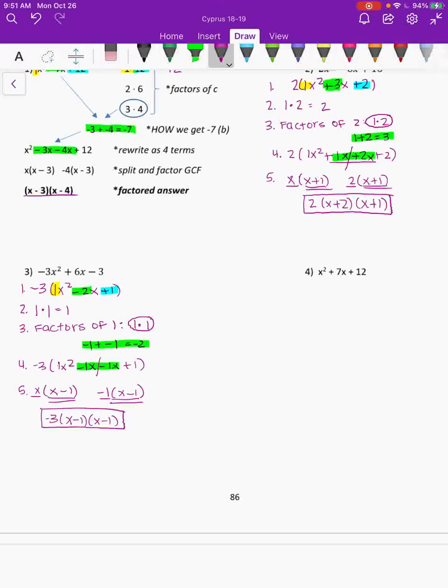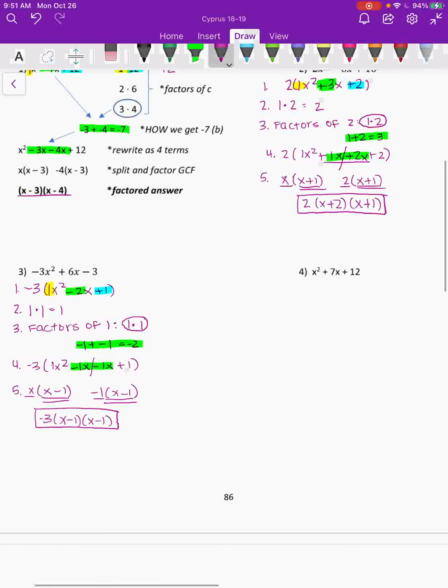Okay, let's do number 4. Number 4, there is no greatest common factor because the number out front is 1, and there's no number that can go into 1, 7, and 12 other than 1. We don't ever have 1 as our greatest common factor that we can pull out.